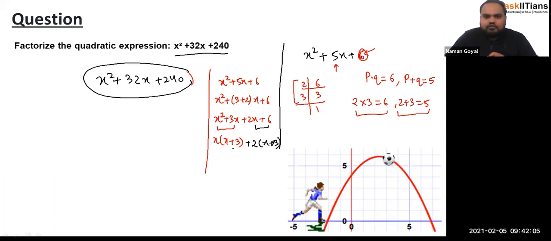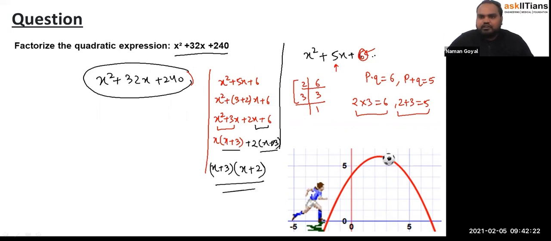Now x plus 3 is common, so it gives x plus 3 into x plus 2. Are you getting my point?